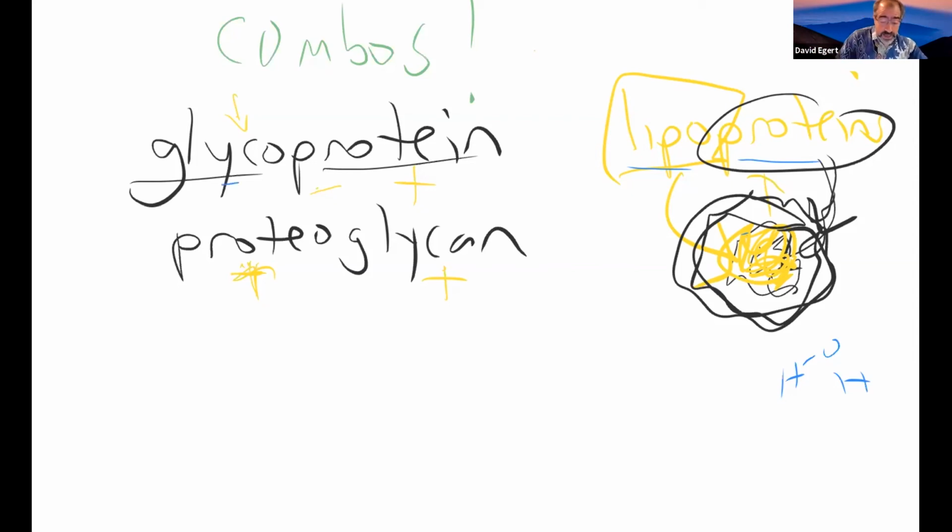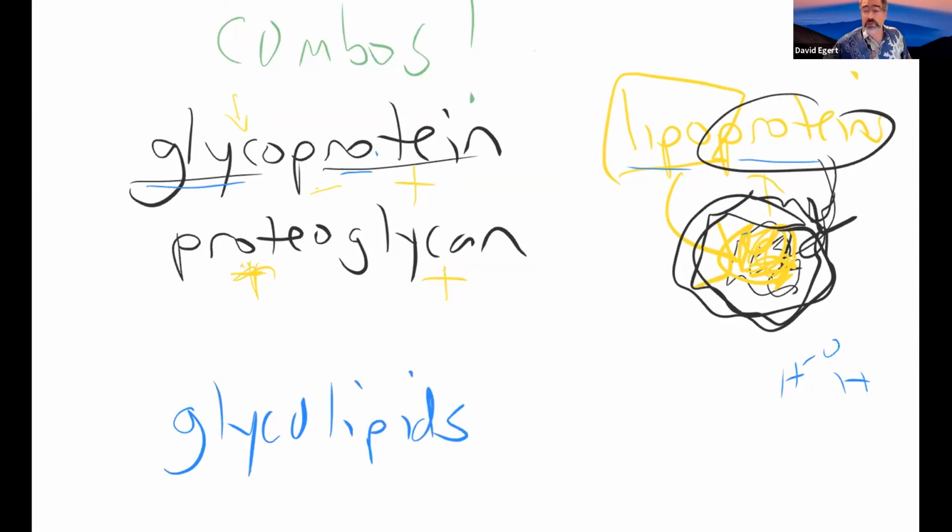It's possible to have lipids where you attach sugar groups. So there's also glycolipids. Glycolipids would be like a phospholipid where you've added some carbohydrate groups onto it. So you can have lipids with sugar groups.